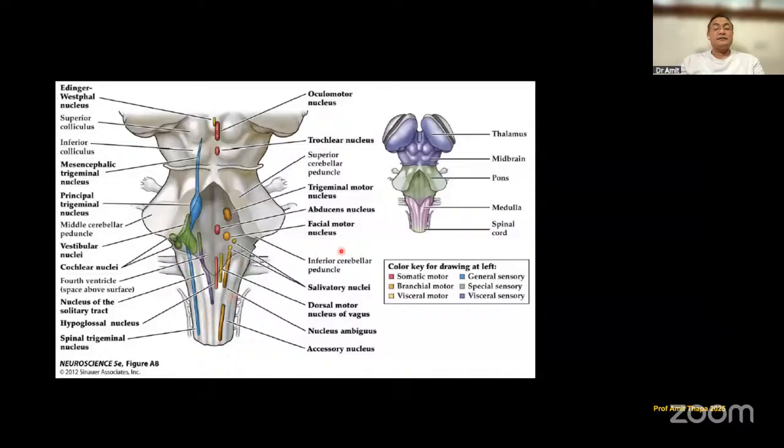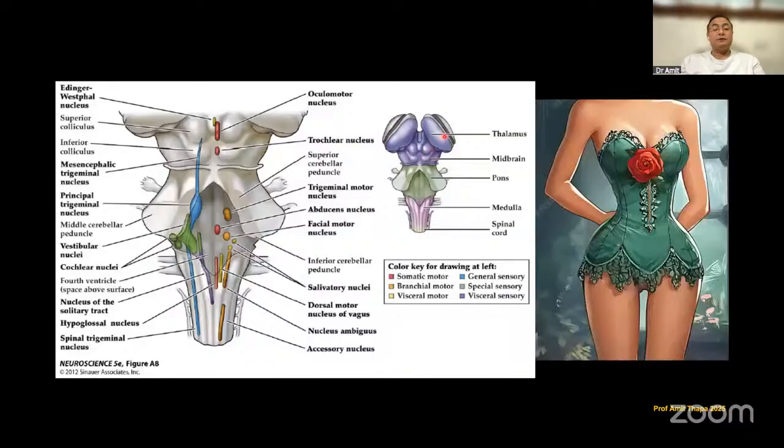So in the cartoon, it looks as if the thalamus is the bosom of a good-looking lady, the midbrain is the upper part of the trunk, and the pons and the medulla become the lower part. The midbrain is the widest portion and the medulla is the narrowest portion of the brainstem.